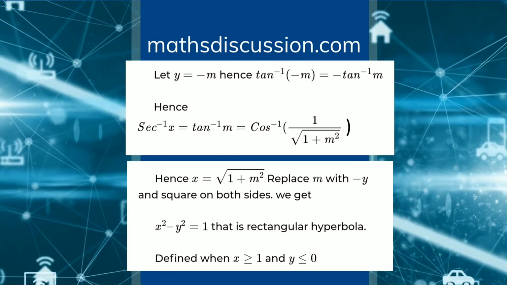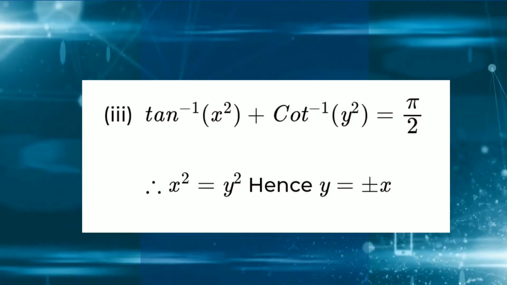Hence we get cos inverse of 1 by x is equal to cos inverse of 1 upon square root of 1 plus m squared. Hence we get x is equal to square root of 1 plus m squared. Replace m with minus y, and square both sides. We get the locus as x squared minus y squared is equal to 1. That represents a rectangular hyperbola. But here also, x is greater than or equal to 1, and y is less than or equal to 0.